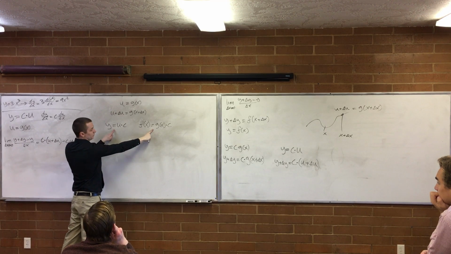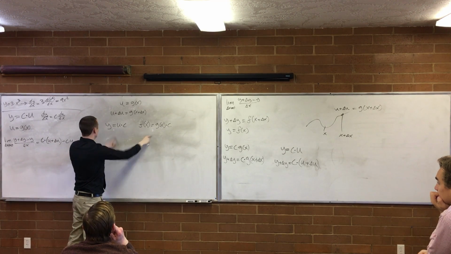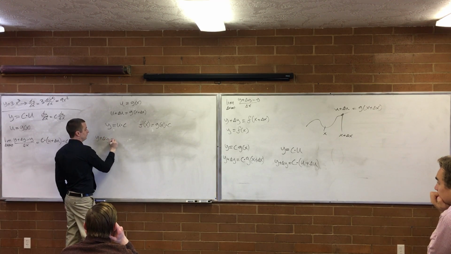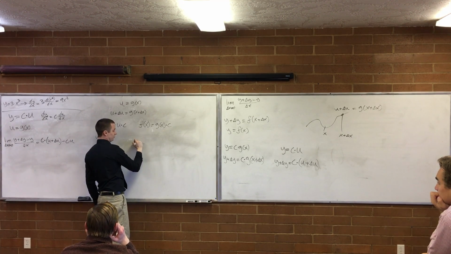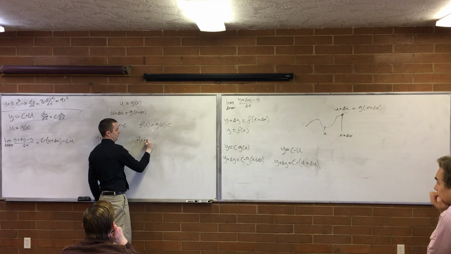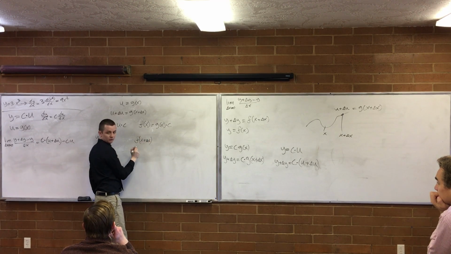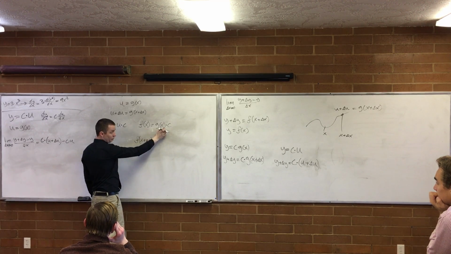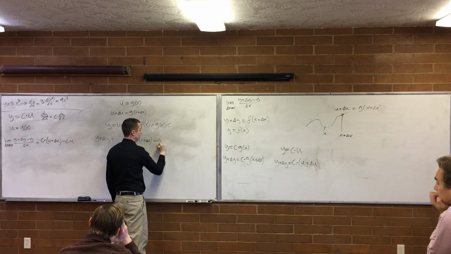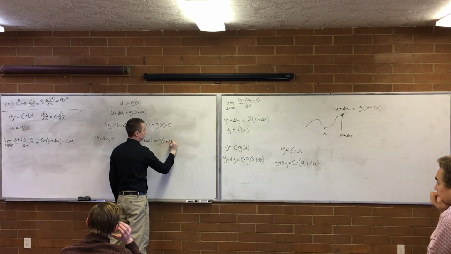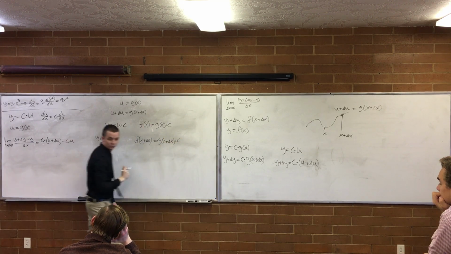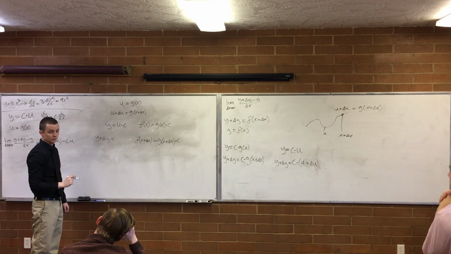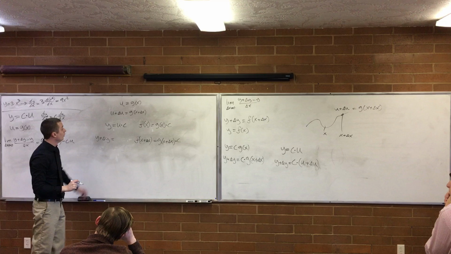Same thing on both sides, right? So y plus delta y is equal to the same thing as f of x plus delta x, which is equal to, when you plug in x plus delta x, g of x plus delta x times c.